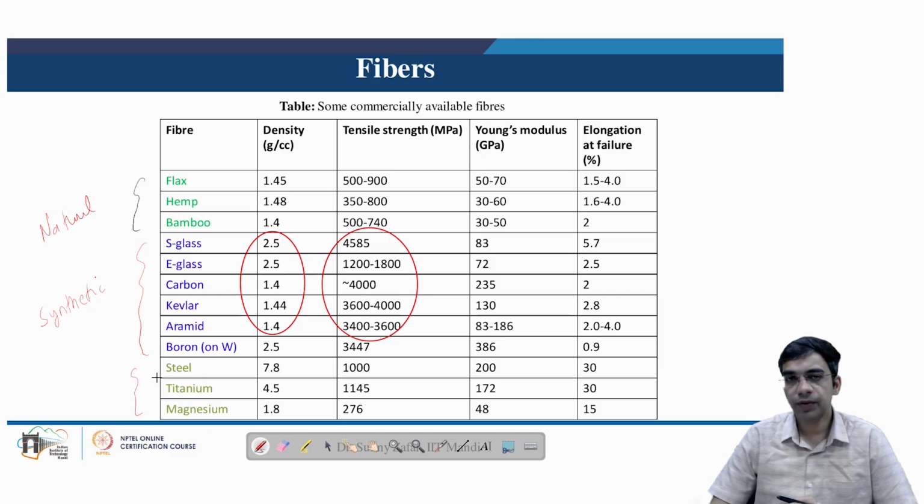At the same time, the fibers are also able to exhibit very high tensile strength, because of which, for all these reasons, the fibers are much used in composite materials which are used to make components which are lightweight and high strength, and the wind turbine blade is one such example.